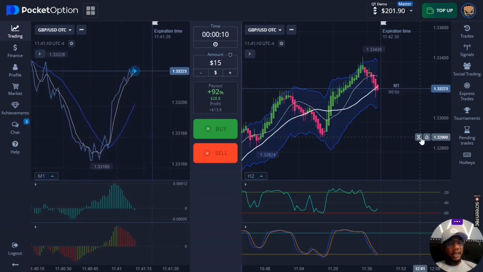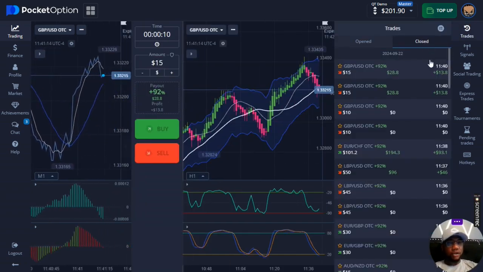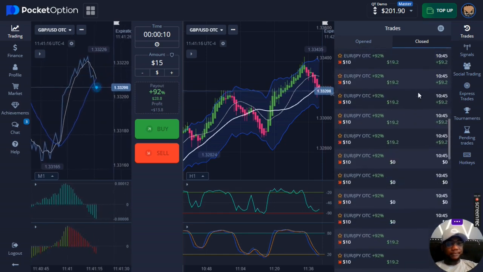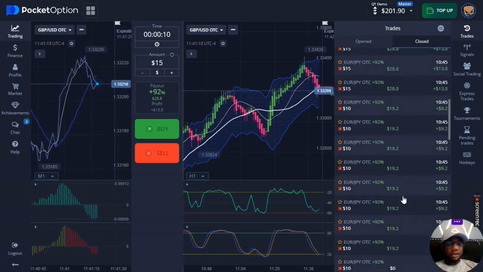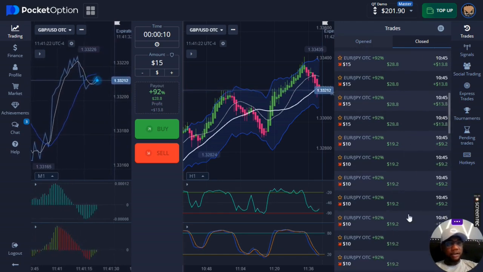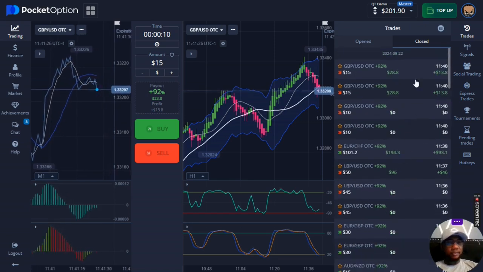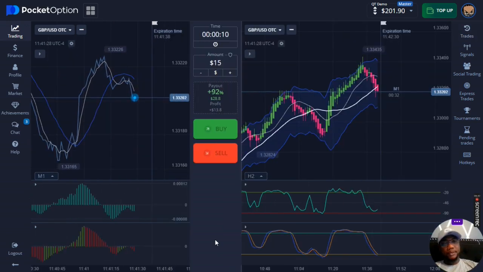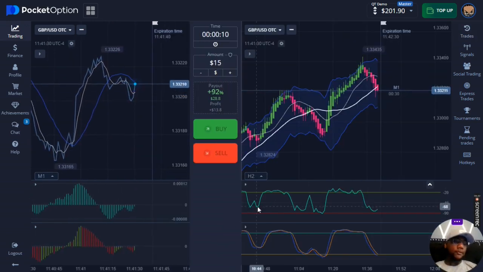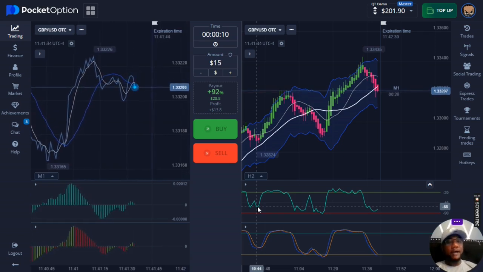As you guys can see, it's not 100%, and no strategy is 100%. But if you lock in, you can really go on a run. Look at all these wins in a row here. Lost a couple right there, won a couple. So guys, it's all about your focus, your consistency, and your analytics, how you read a graph.